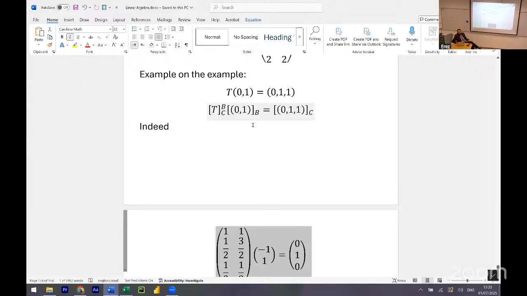This is probably beyond what we are talking about, but if we found how to get the input by the base of B, and we find how to get the output by the base of C, can we multiply them together and just get one function that goes from one end to the other? No, because what would be the function? What would be the multiplication? You have a coordinate system here and a coordinate system here.